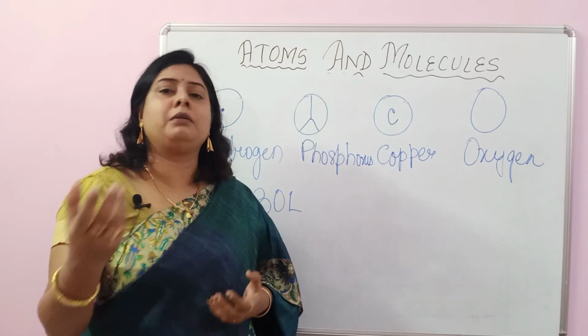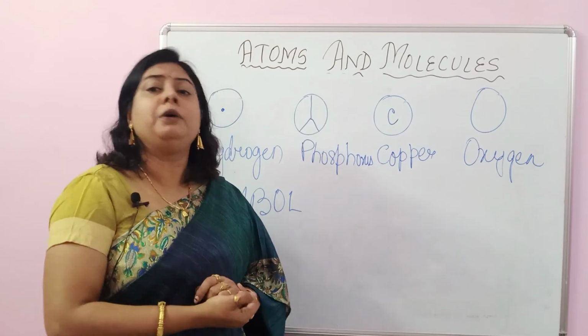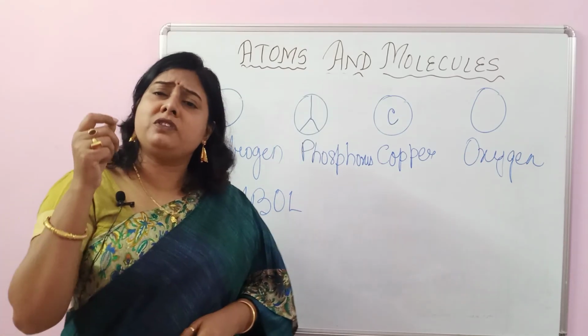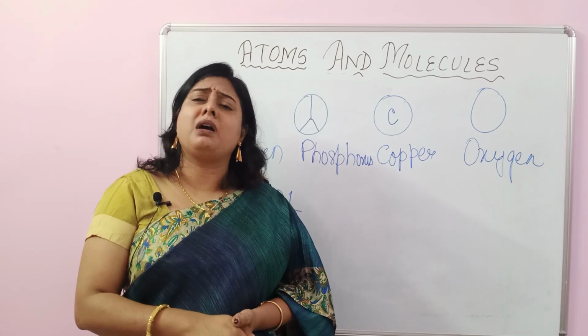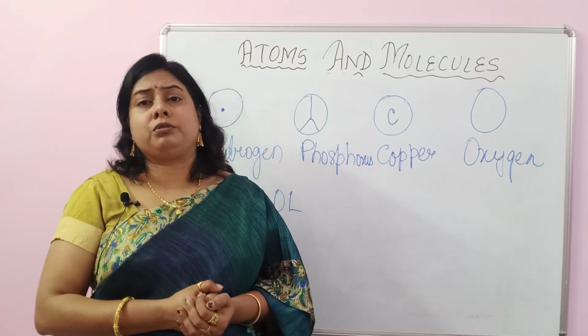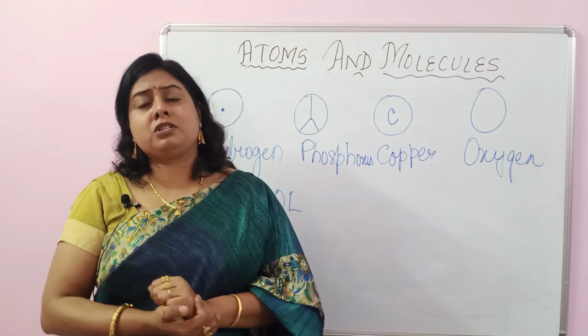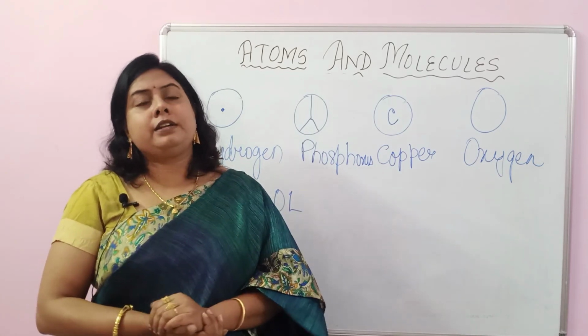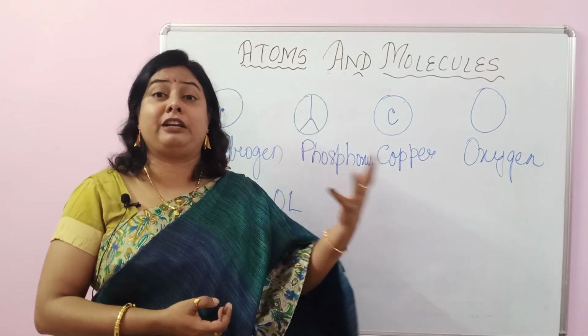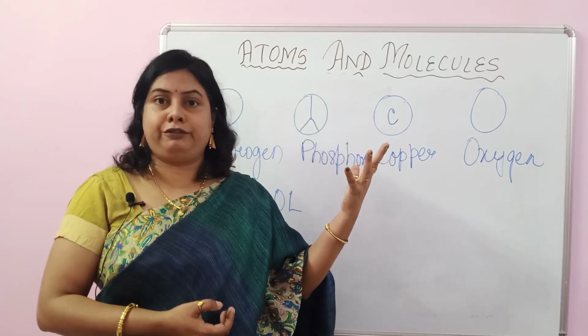Since atoms are combining, we also need to know the mass of an atom. An atom itself is so small that its mass is also very small. Say, for example, hydrogen. If we find out the mass of a hydrogen atom, it is about 1.673 into 10 to the power of minus 24 grams.